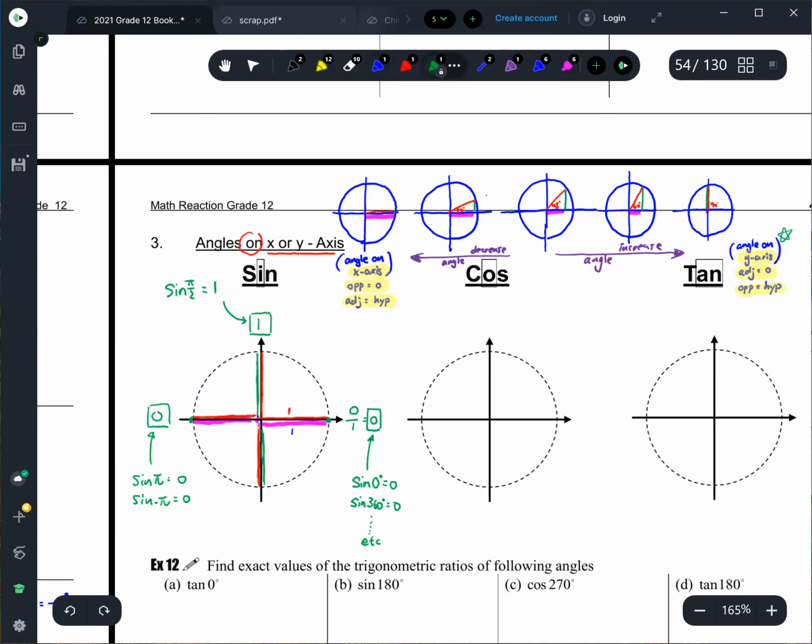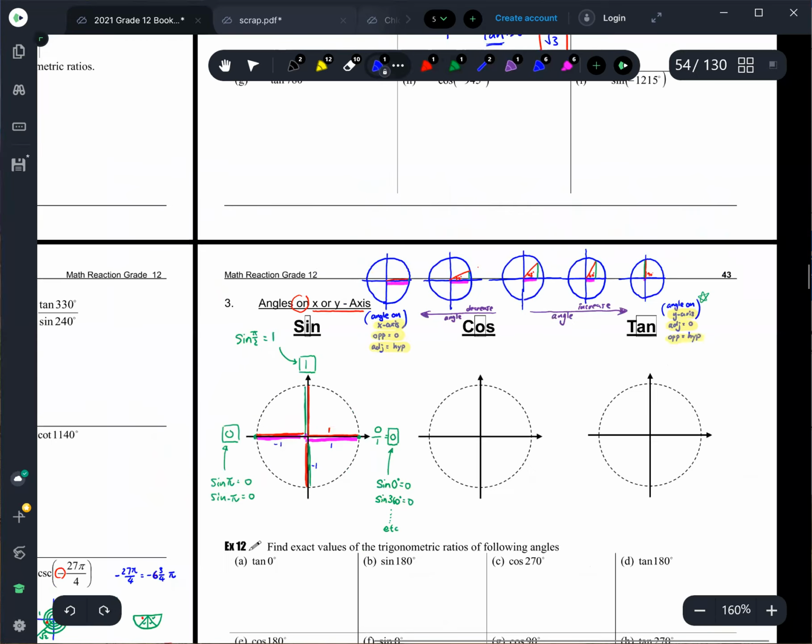Your opposite side is at the bottom, so you should think of it as -1 because it goes to the bottom. If it's on the left side, your adjacent side will be -1, because it changes sign, right?